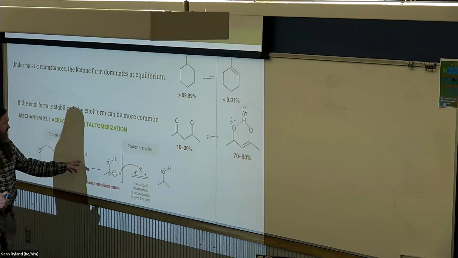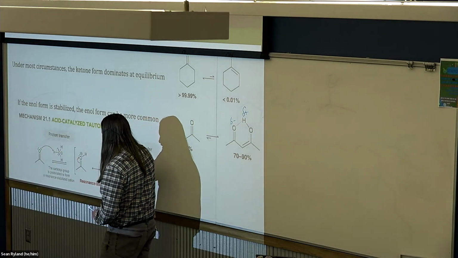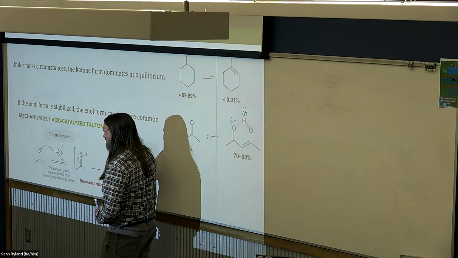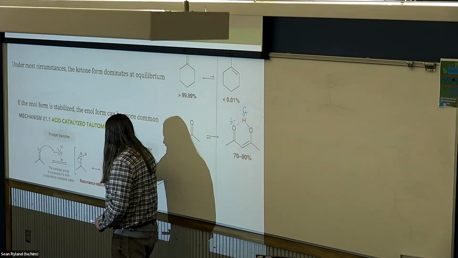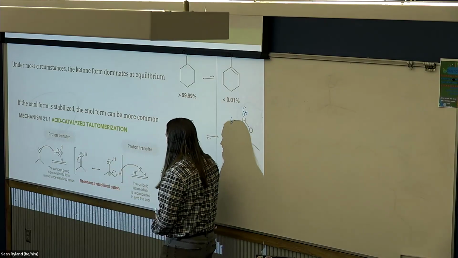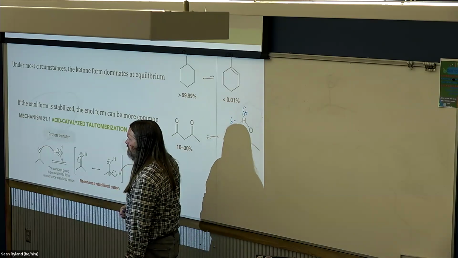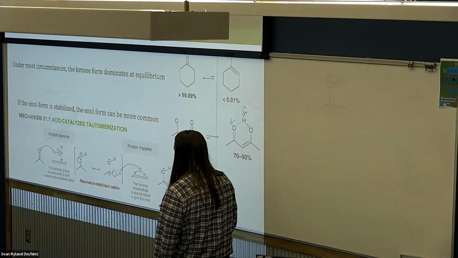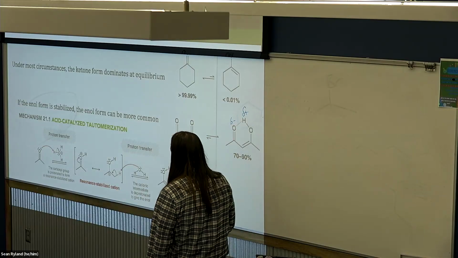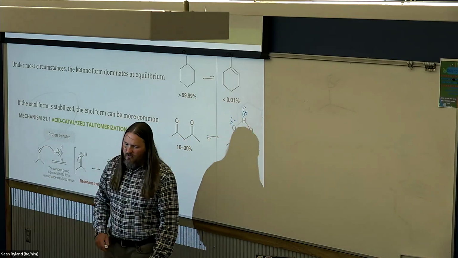But once we protonate it, that gives us a carbocation on that carbonyl carbon, which then can turn into a carbon-carbon pi bond if we have another base around take that hydrogen back, take the second hydrogen. So both hydrogens are still relatively stable.